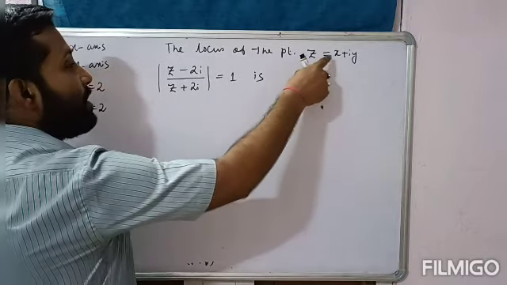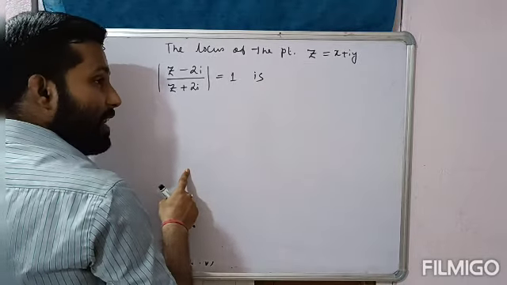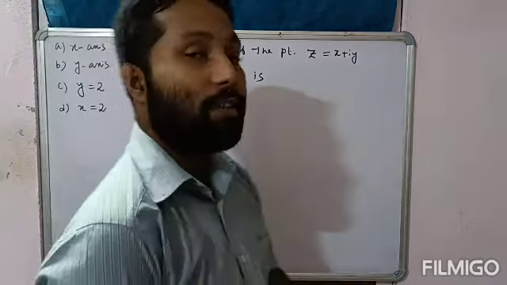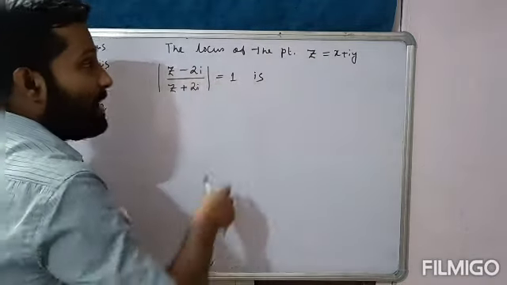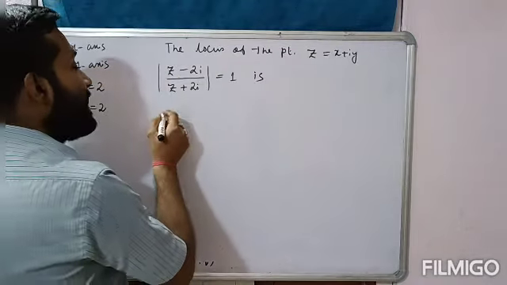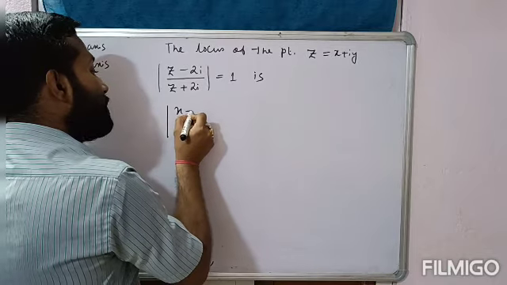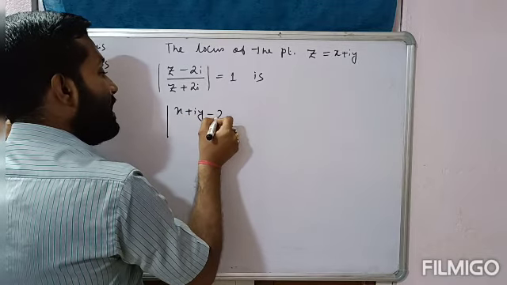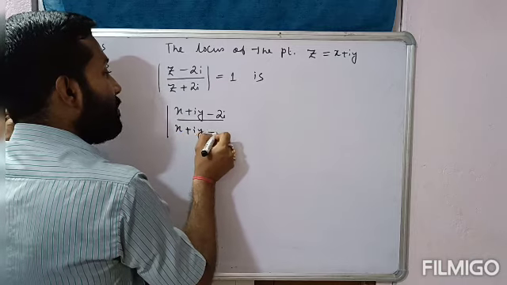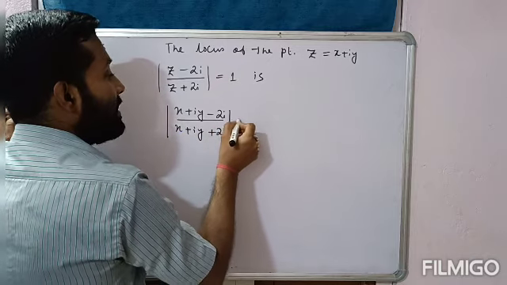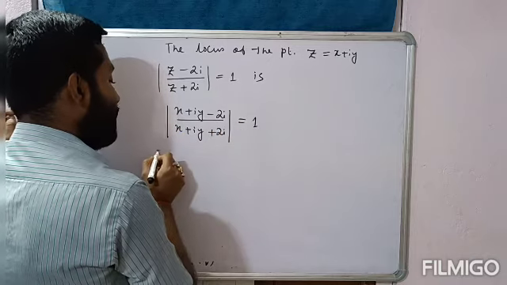So since z is equal to x plus iy is given, you are asked to find out the locus. Locus means we all know that is the equation of that particular point, right? So put the value of z in this expression. That is modulus of (x plus iy minus 2i) divided by (x plus iy plus 2i). This is equal to 1. Alright.